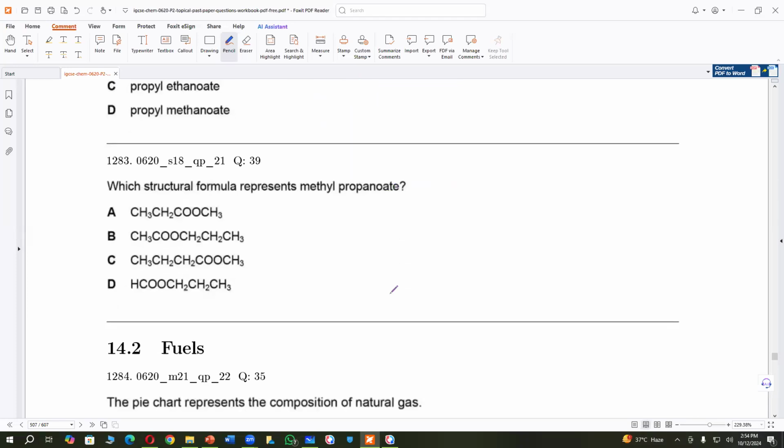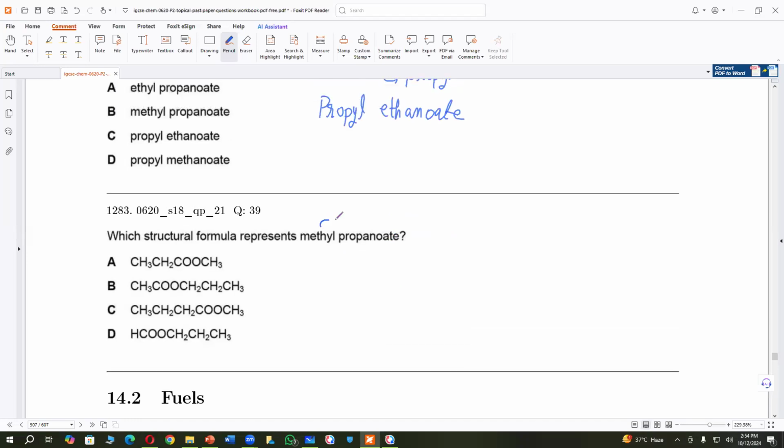Which structural formula represents methyl propanoate? It's an ester.